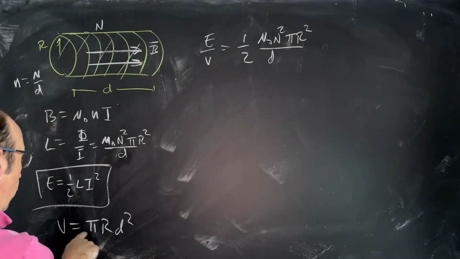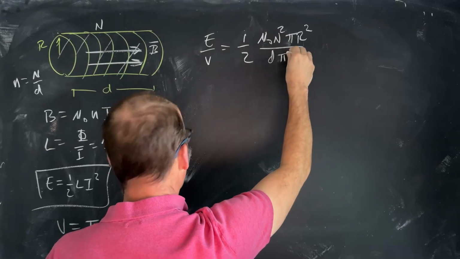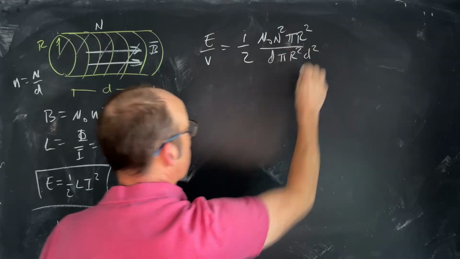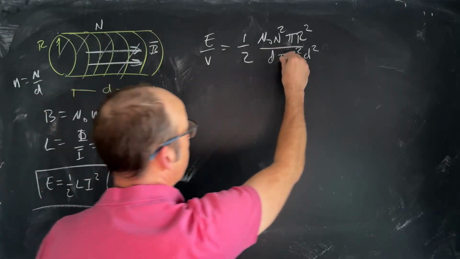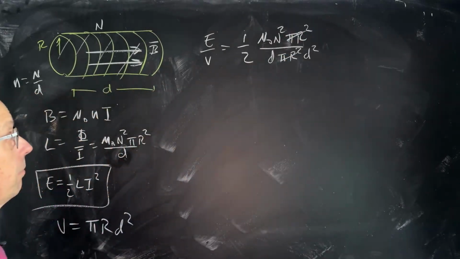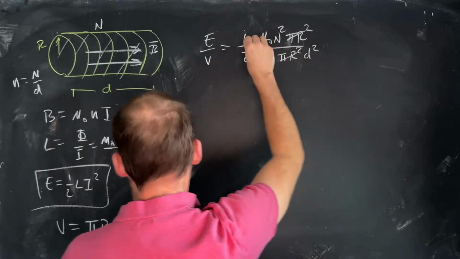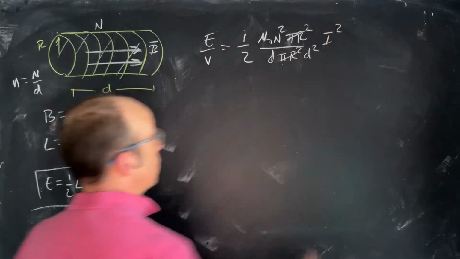And then the volume is going to be pi r squared d squared. You can see the pi and r squareds cancel. I didn't put the energy. Oh no, and then I need I squared. So that's L V I squared.